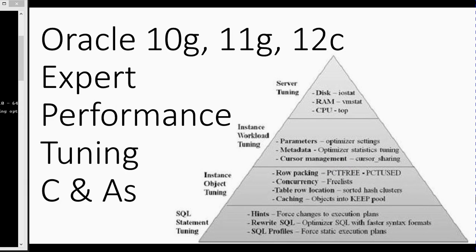Today I'm going to take you through how to do some performance tuning for Oracle 11g and 12c. Basically, I'm just going to focus on built-in database tuning, tuning some parameters, and it's going to be more of a system tuning that I'll be doing.